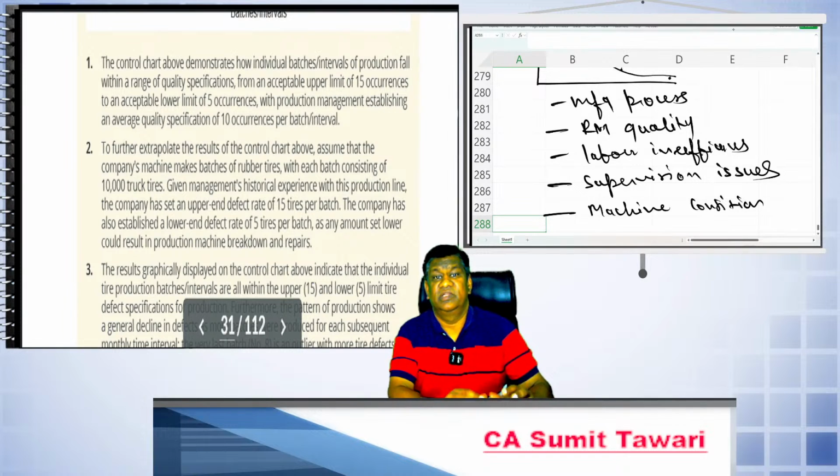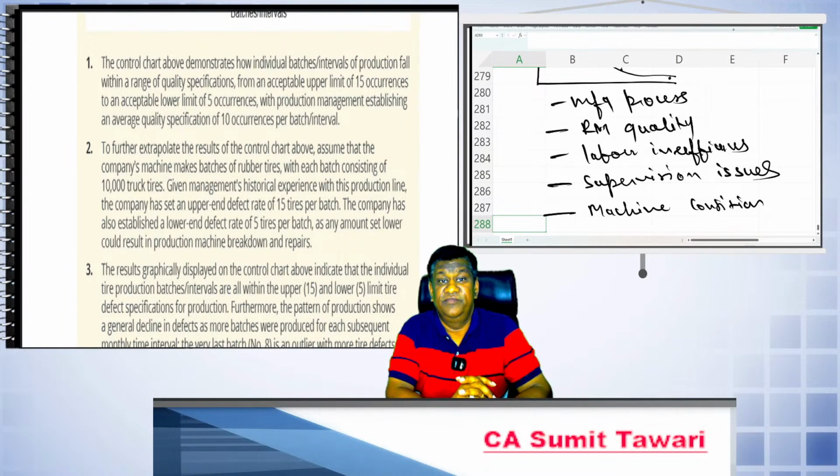The control chart demonstrates how individual batches or intervals of production fall within a range of quality specification, from an acceptable upper limit of 15 occurrences to an acceptable lower limit of 5 occurrences, with production management establishing an average quality specification of 10 occurrences per batch or interval.